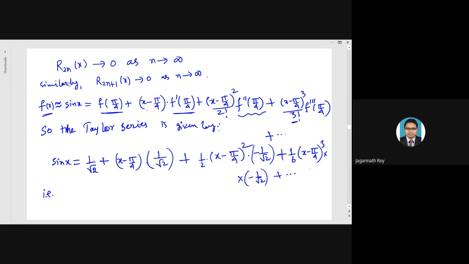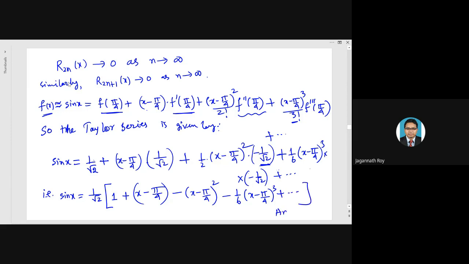That is, the Taylor series expansion of sin x will be 1/√2 taken outside, times 1 plus (x − π/4), minus, since here it is negative, 1/2 (x − π/4)², also negative 1/6 (x − π/4)³, plus dot dot dot.